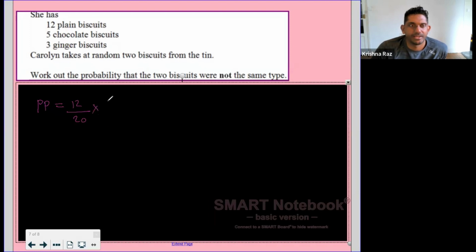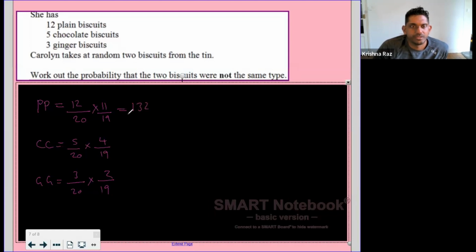If we take a biscuit out, there'll be 1 less biscuit and 1 less plain biscuit. 2 chocolates, we have 5 out of 20. If we take a biscuit out, we have 19 biscuits, 4 of which are chocolate. And ginger, we have 20 biscuits, 3 are ginger. If we take that out, there's one less biscuit, one less ginger biscuit.